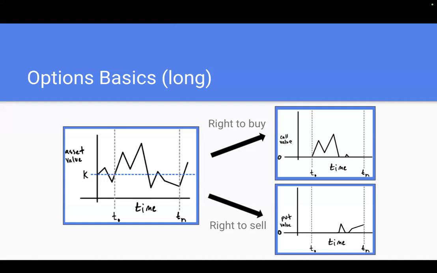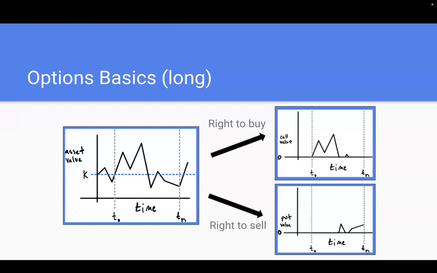So on the top right there, you have the simulated call value of the asset price on the left. As you can see, we only care about the asset when it's above the strike price. To give you some intuition, it's kind of like a Black Friday sale, where you're buying something for less than you otherwise would be able to get it at.